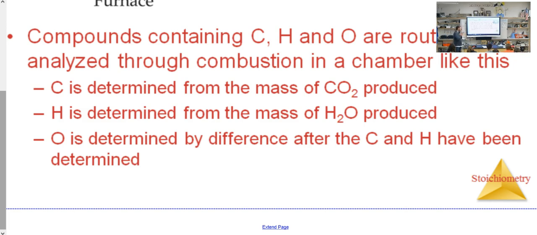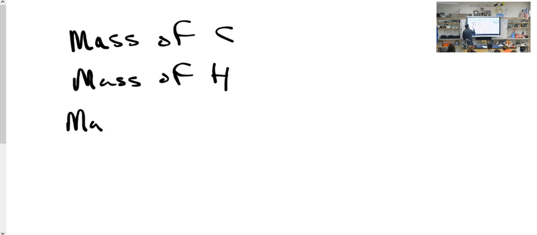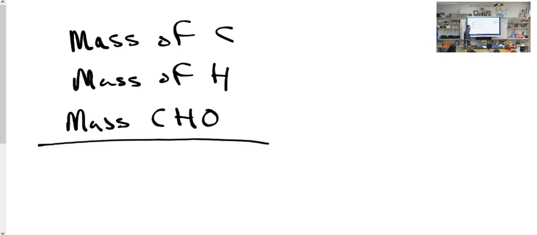But if we know the mass of C, and we know the mass of H, and we know the mass of the whole C, H, and O compound, then we can use this to calculate the mass of O that's left over. That was only the O that was part of the CHO. All right, so it's just a couple more steps that we add before we do what we've been doing.